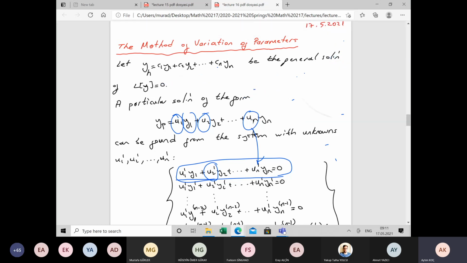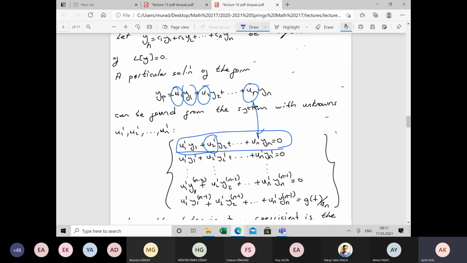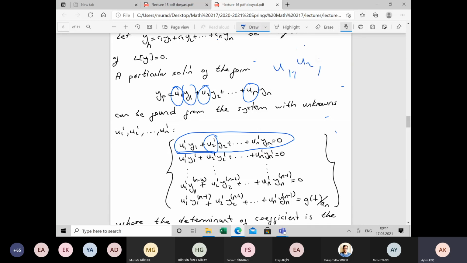So our aim here is to find u1, u2, up to un under this condition: u1 prime y sub 1 plus u2 prime y sub 2 plus up to un prime y sub n should be 0. The number of unknowns is n.